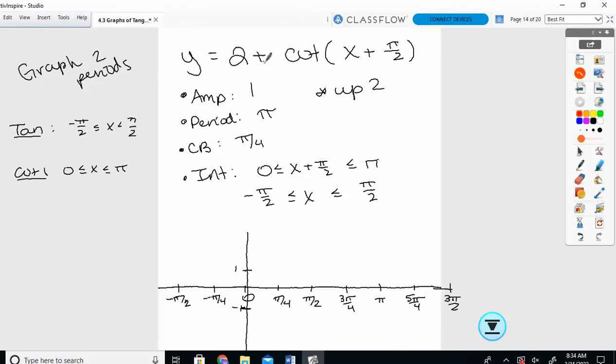Amplitude is 1. We are going up 2, so we need to go to positive 2 and draw in a dashed line there. So we'll be going 1 above and below that.